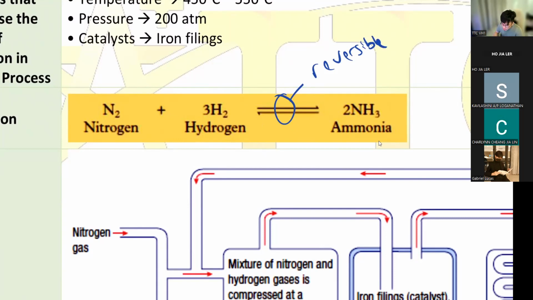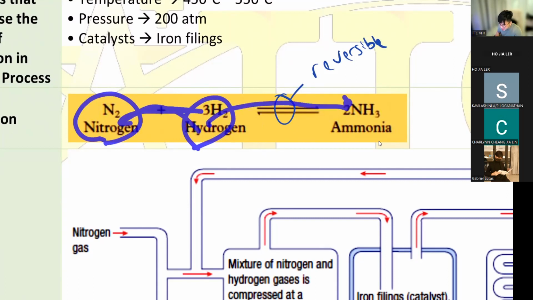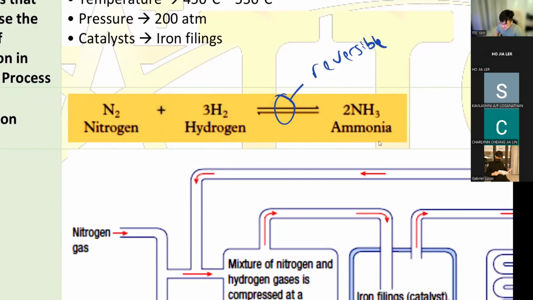You see, when nitrogen marries hydrogen, they become a couple, but this couple is so unstable. They are so unhappy with each other, they will marry and then they will break up. So at the end, maybe you only get 10% of ammonia.